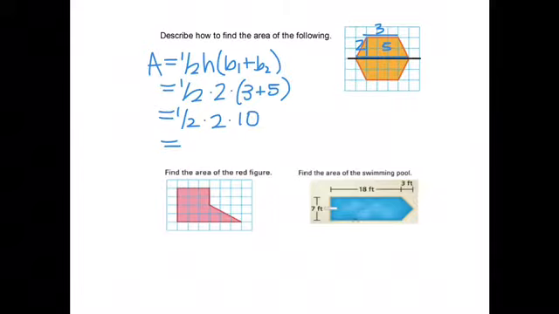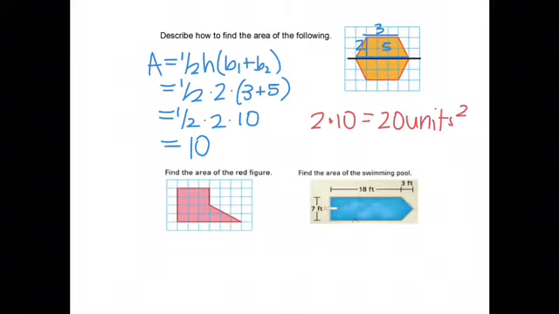And that gives me 10. And that's just one of the trapezoids, so since there are 2 of them, 2 times 10 is 20 units squared.